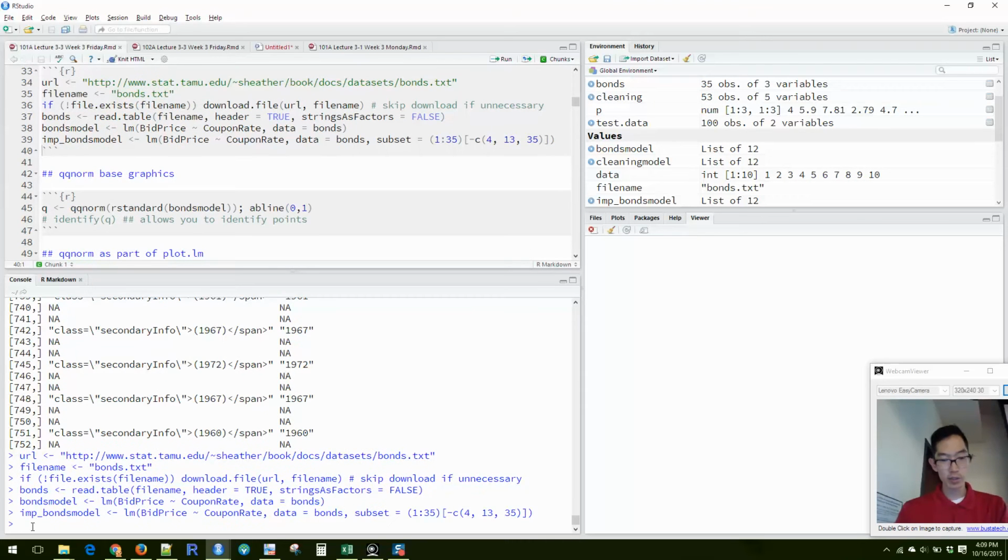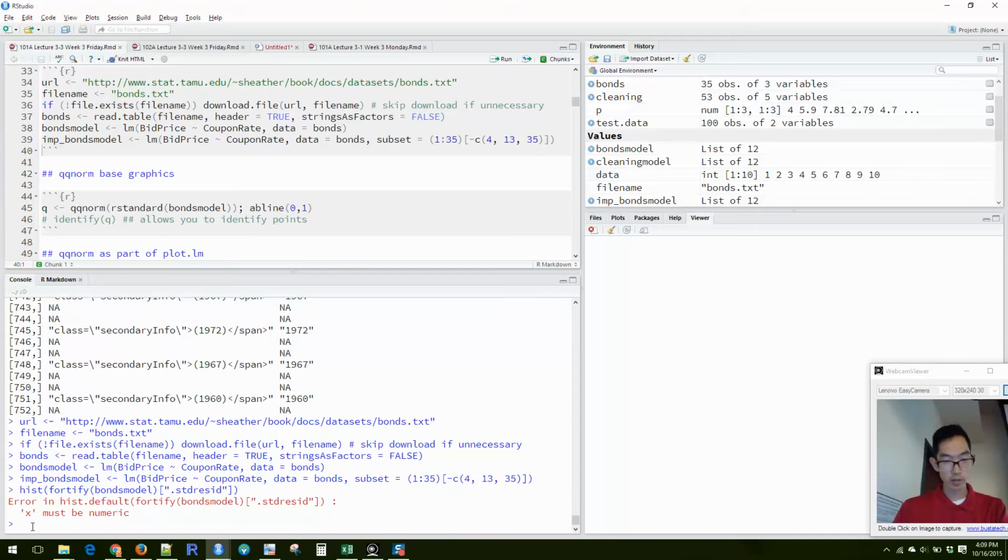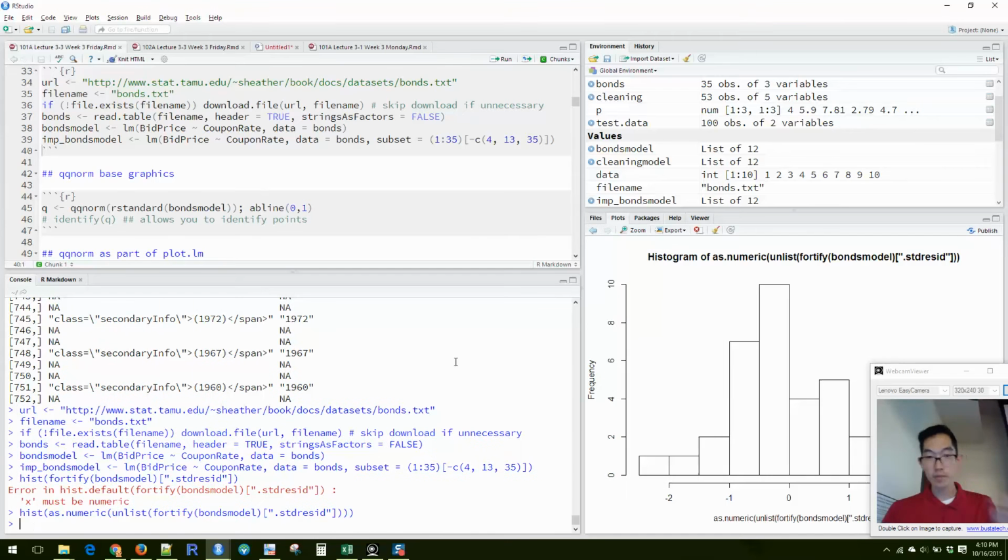Okay, so let me just do a histogram of the standardized residuals.